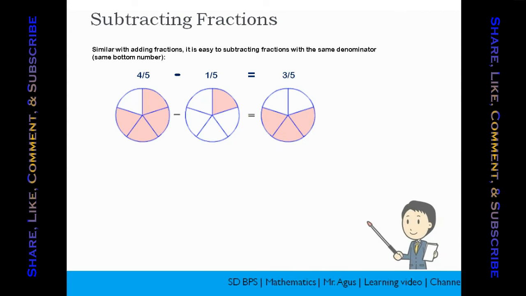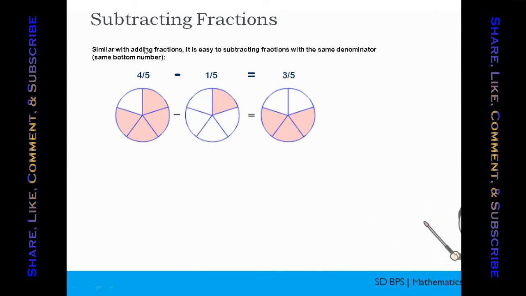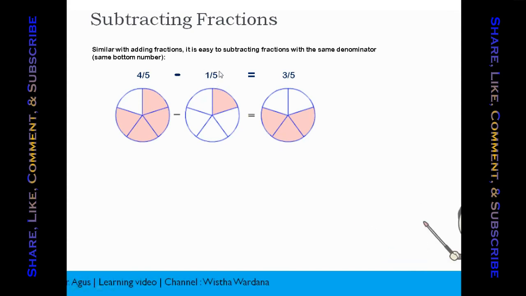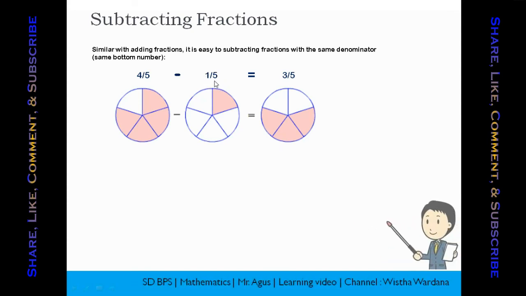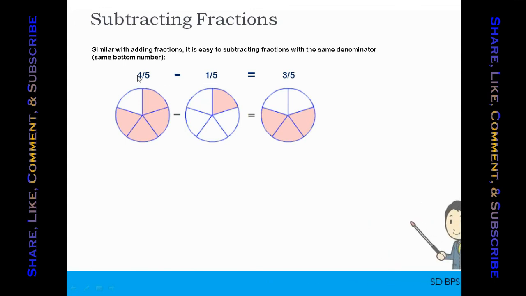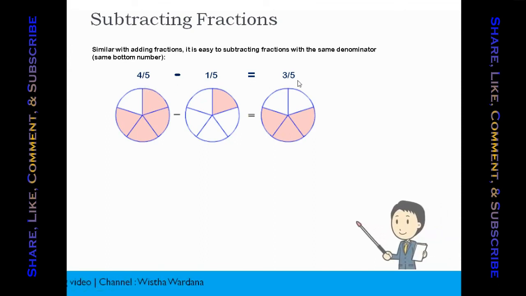Similar to the addition problem, we have 4 as the numerator in the first fraction. And we have 1 as numerator in the second fraction. And we have the same denominator. So 4 per 5 minus 1 per 5 equals 3 per 5.